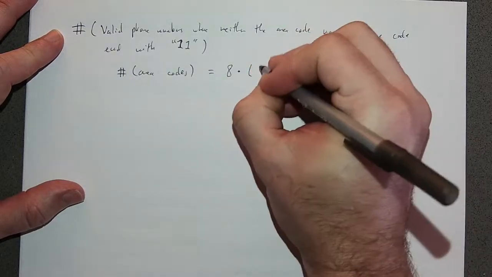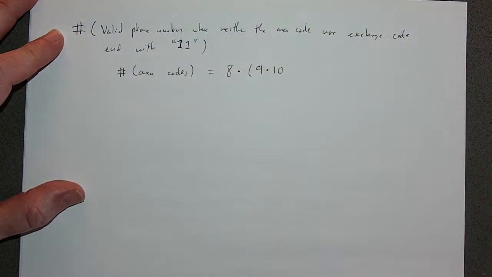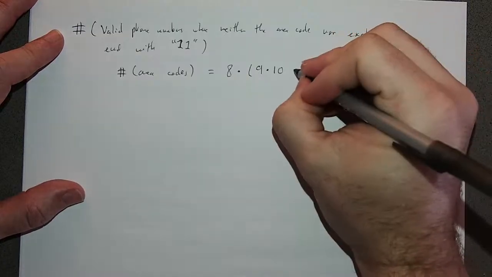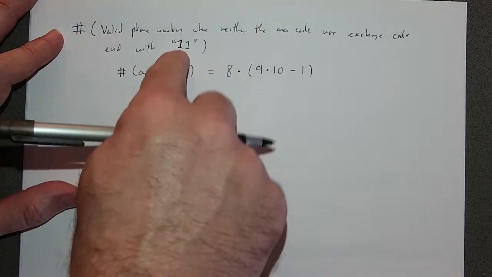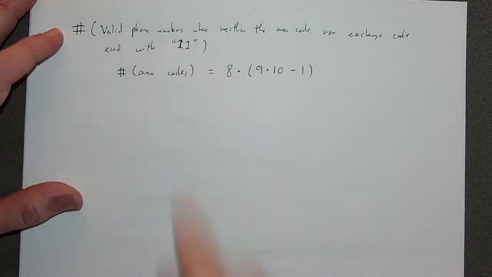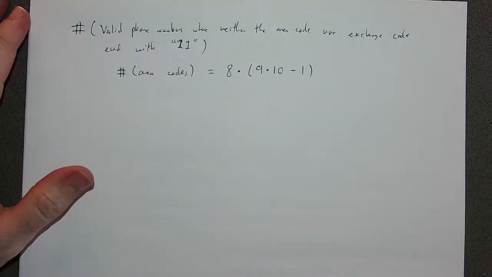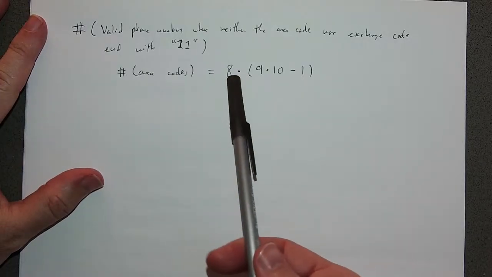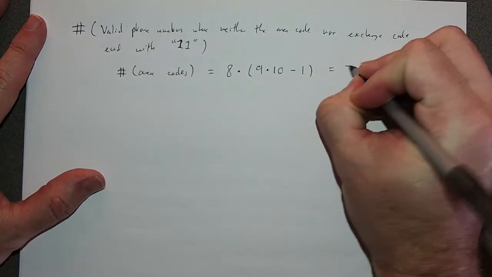So this is still 9 times 10, but then minus 1. I'm just taking away the single possibility that I end with a 1 followed by a 1. So this is 8 times 90, which is 720, minus 8 is 712.